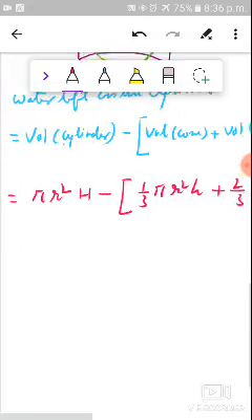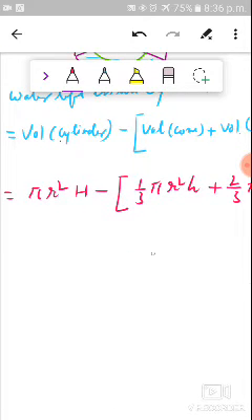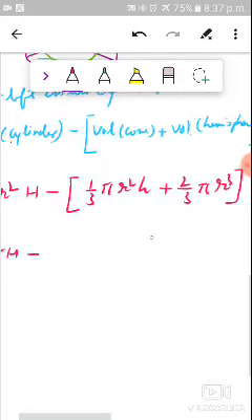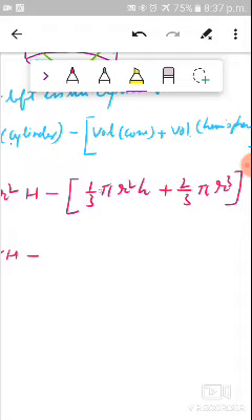Okay, now you can see what I can do. Pi r square capital H minus, we can take pi r square common from these two, and also 1 by 3, as this is 2 by 3. So taking common 1 by 3 pi r square, what is remaining here?